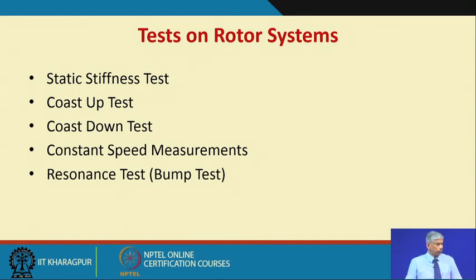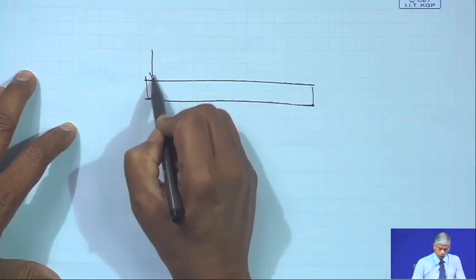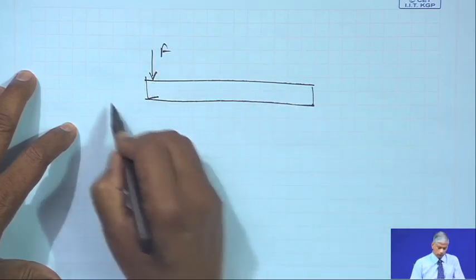Certain tests are done on rotor systems to find out the natural frequencies. One is the static stiffness test, where you give a certain force and measure the deflection.